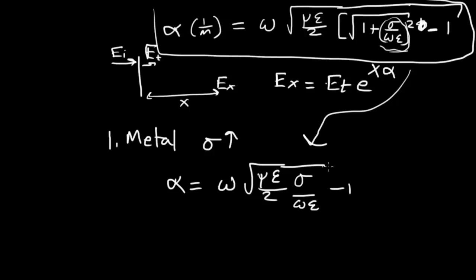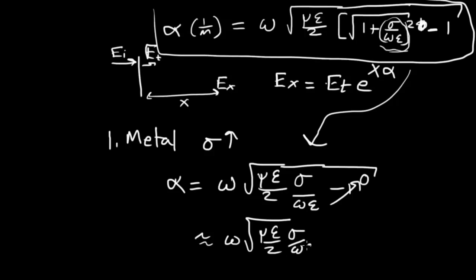There would be a minus 1 term here, but that's a lot smaller than what's going on over here. So the simplified assumption is this is equal to omega times mu epsilon over 2. Okay, let's move on down.